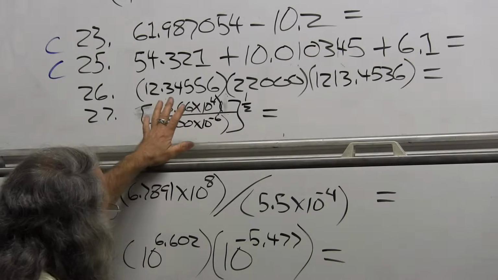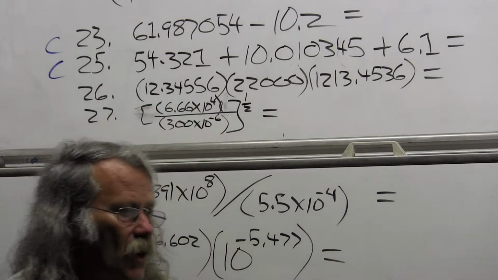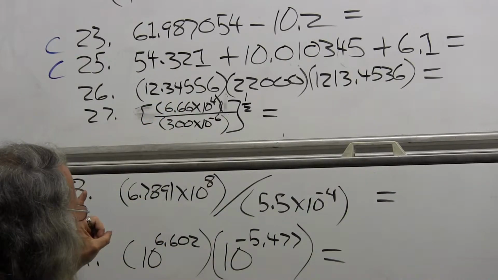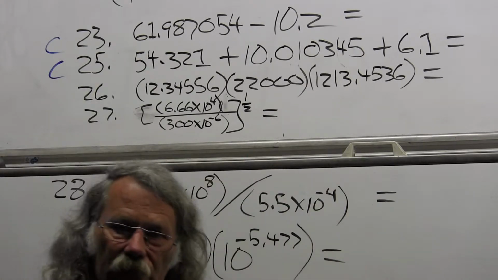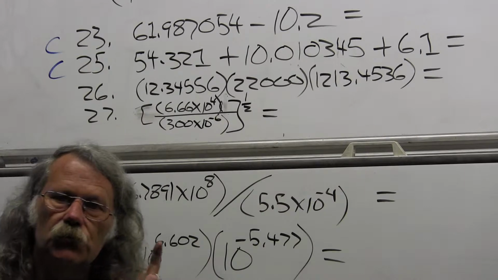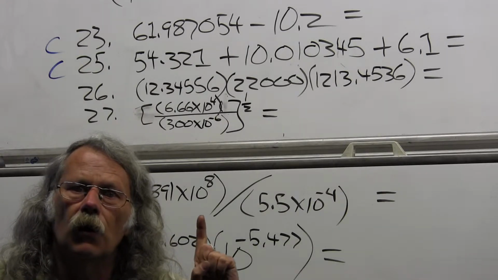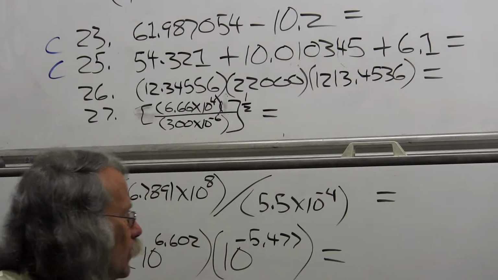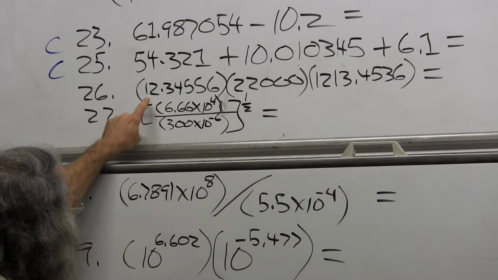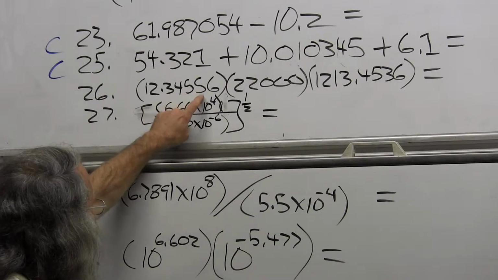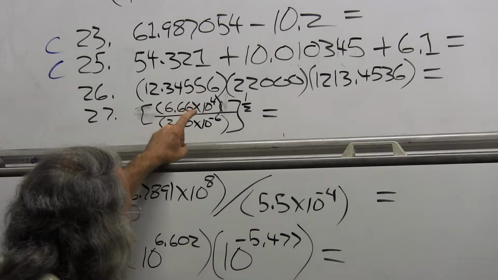A zero is significant when it occurs to the right of a number that's to the right of the decimal, or between 2 non-zero figures. And so here I've got 1, 2, 3, 4, 5, 6, 7 significant figures.